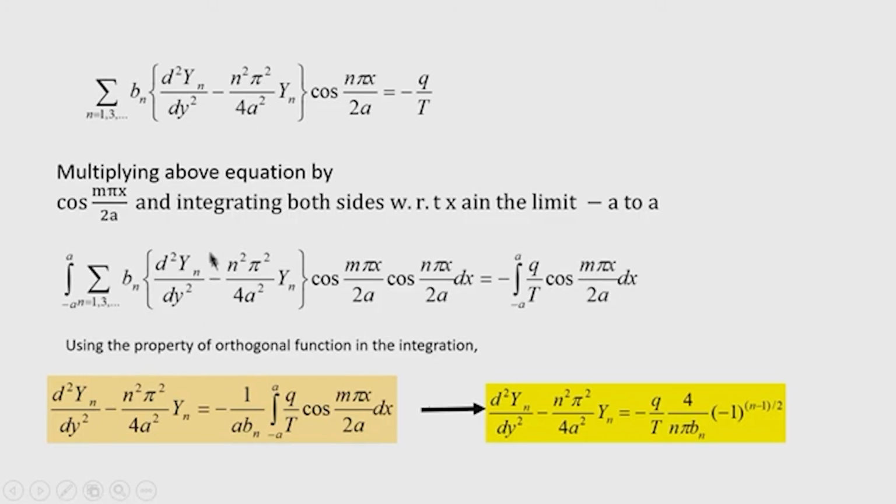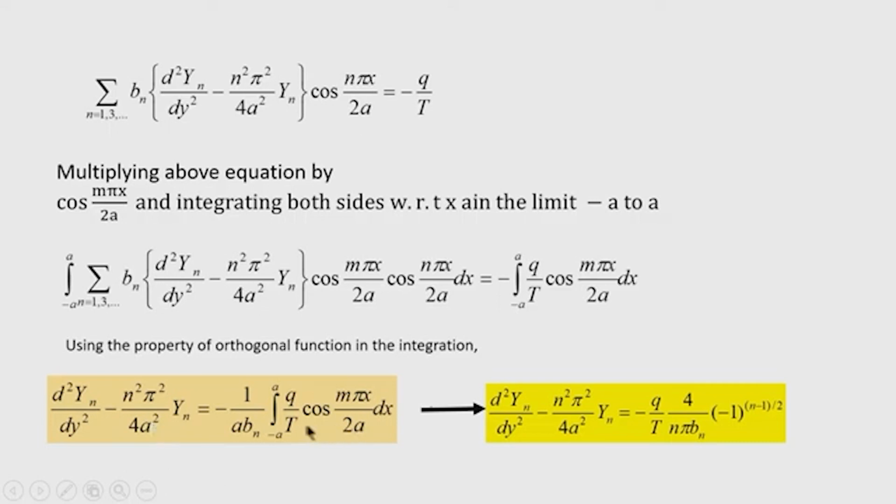Then, taking only the second bracket term, d square y n by dy square minus n square pi square by 4 a square into y n equals minus 1 by a b n times the integration from 0 to a of q by T cos m pi x by 2 a dx. Now this equation has to be solved for the value of y n.